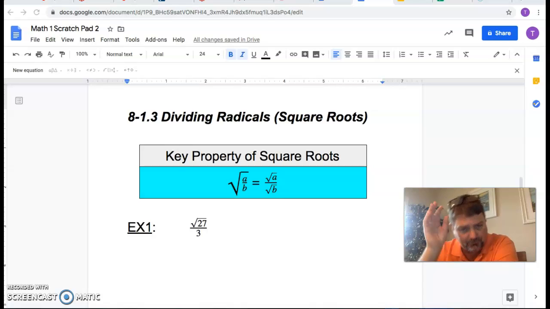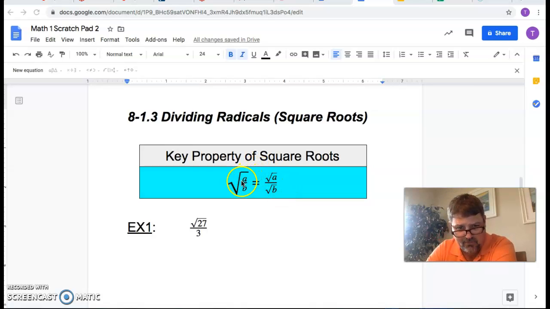Here's the first property. This is a result of your rules of exponents, and since we are in a time crunch, we don't want to get into all of that. The square root of a divided by b is equal to the square root of a divided by the square root of b.